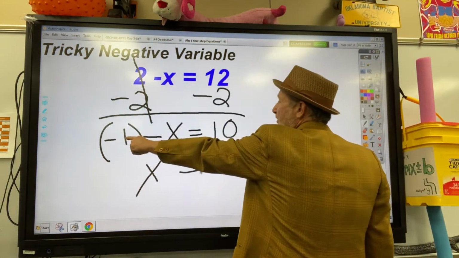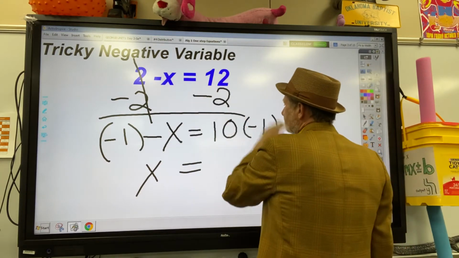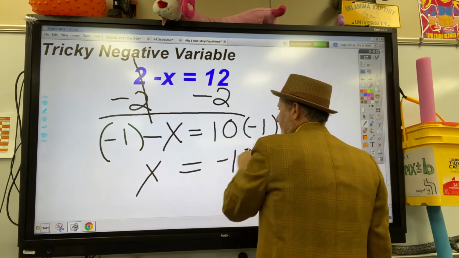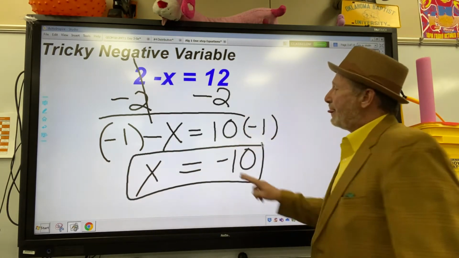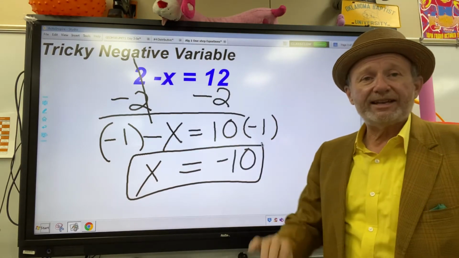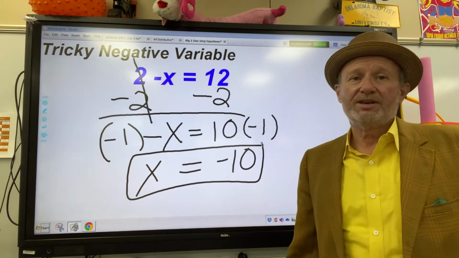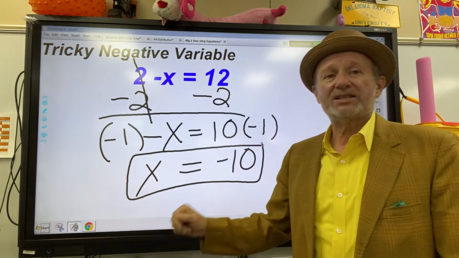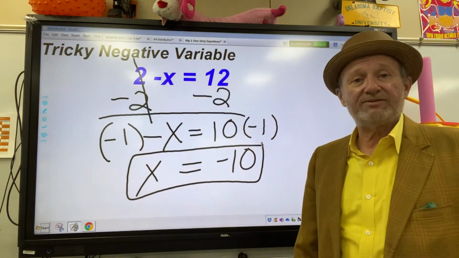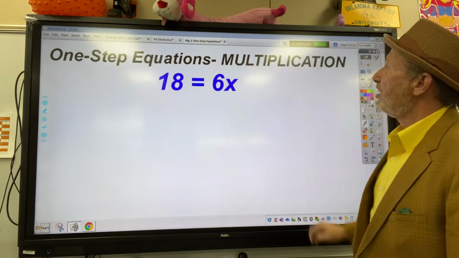So if I multiply by negative 1 here, I've got to multiply by negative 1 there. Positive 10 times negative 1 equals negative 10. Just remember, if you end up with a negative variable, you're going to have to take care of that, and it's always going to be the opposite on this side and the opposite on the other. So the opposite of negative x is positive x. The opposite of positive 10 is negative 10. Boom, bada, bing.